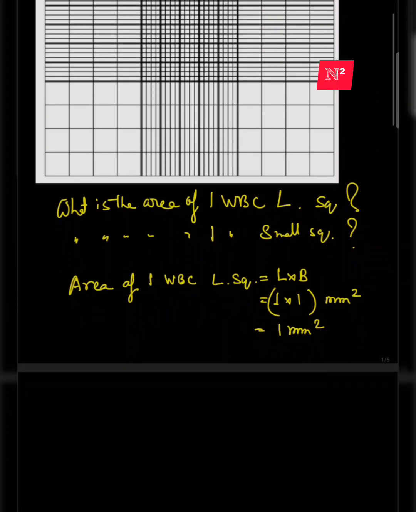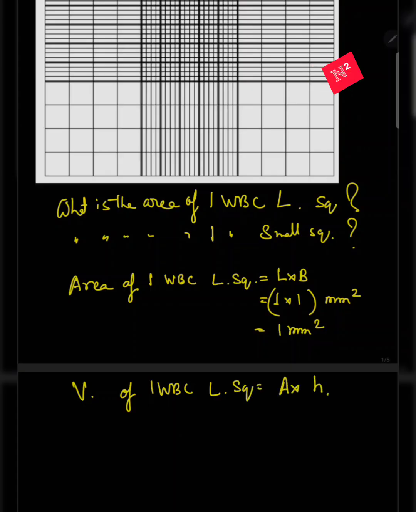Now if you want to convert that into volume, what will be the volume? Volume of one WBC large square is area times the height. I've told you when we place the Neubauer counting area horizontally and place a cover slip on top, there is a potential space in between the Neubauer counting grid and your cover slip.